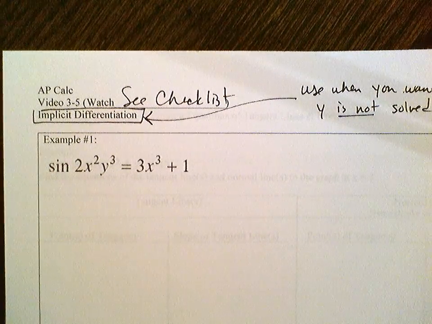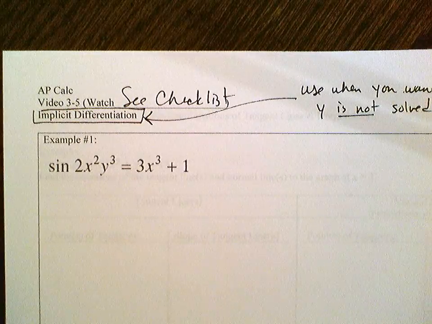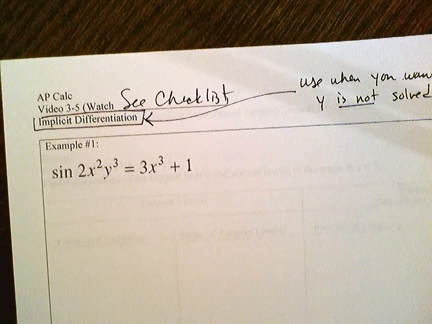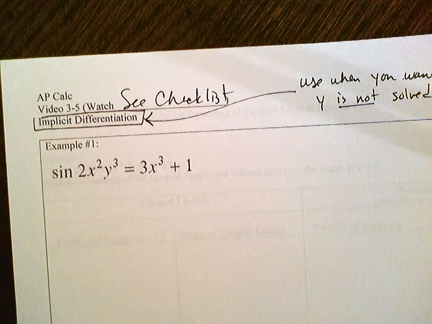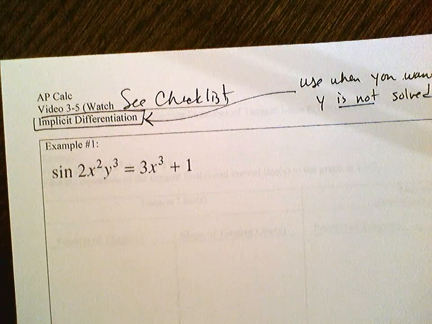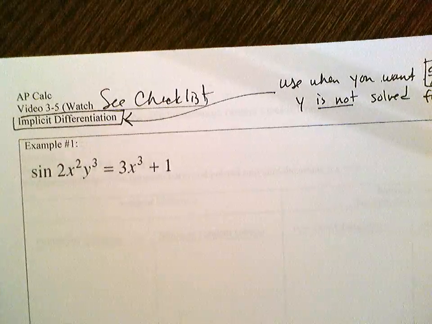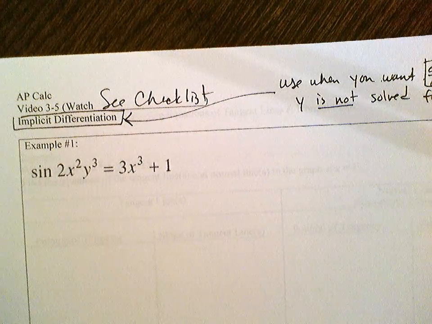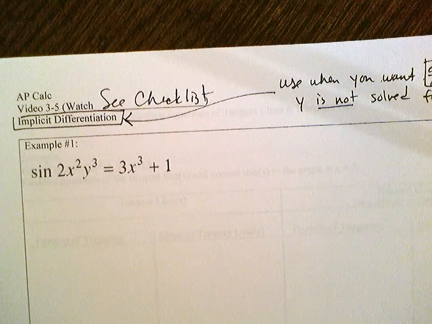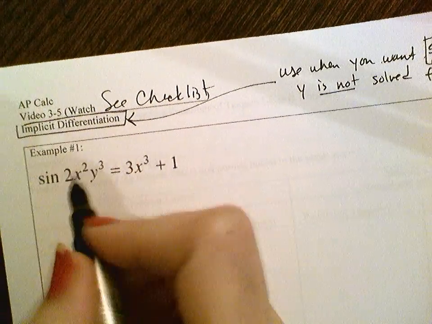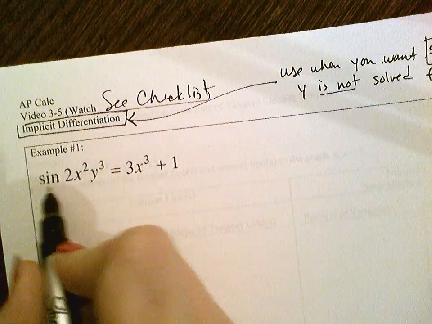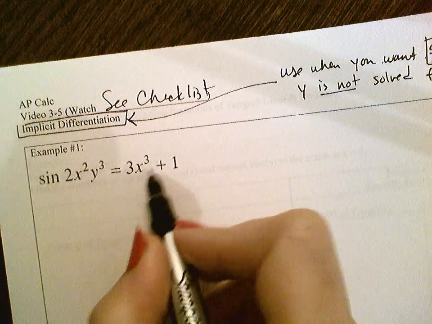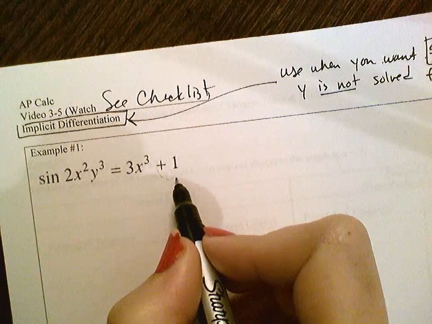So we've got this, and when you do chain rule on everything, you don't jump right to doing the derivative. First you set it up with d dx, like the d over d, whatever your independent variable is. So I'll just show you how to do it. We've got 3 terms. We've got this single term on the left side of the equal sign, and then we've got these 2 terms on the right side.